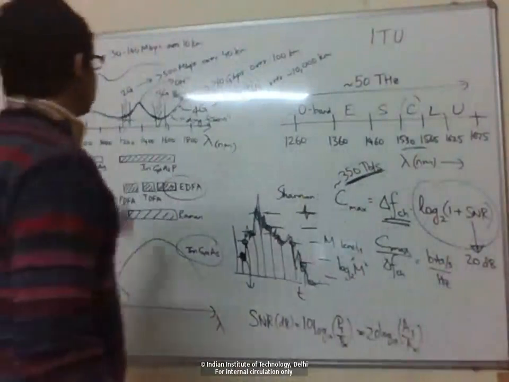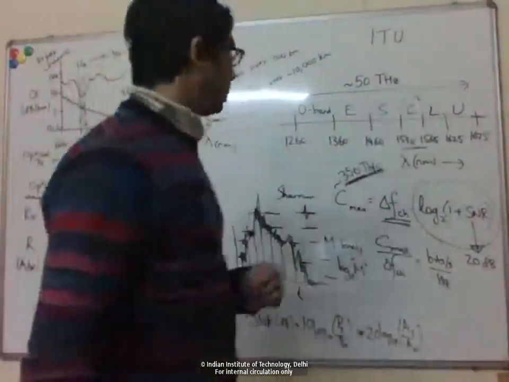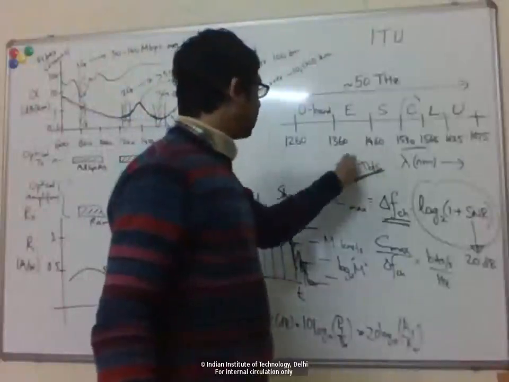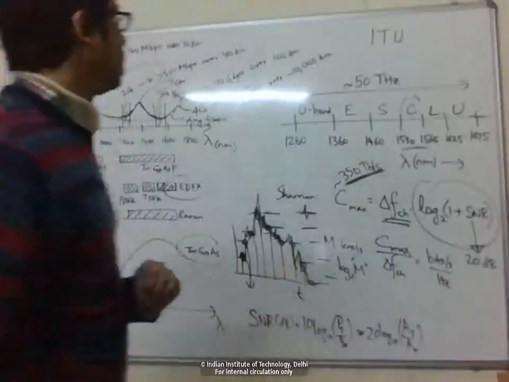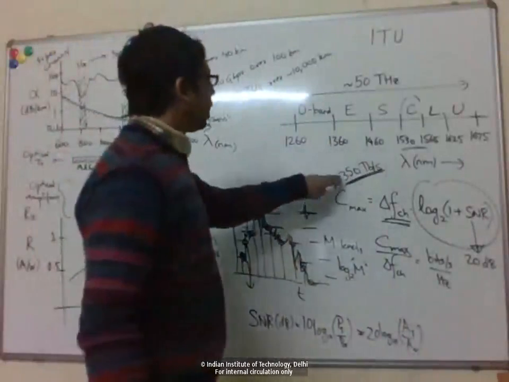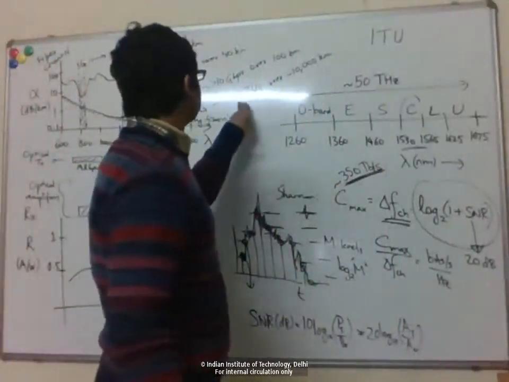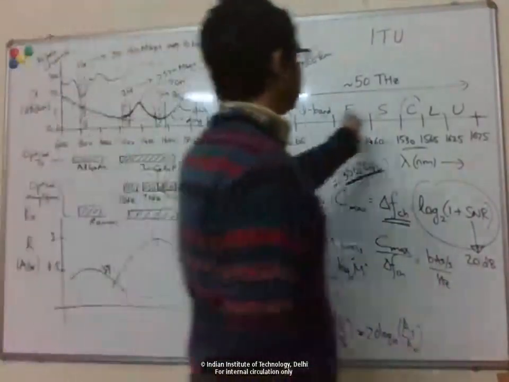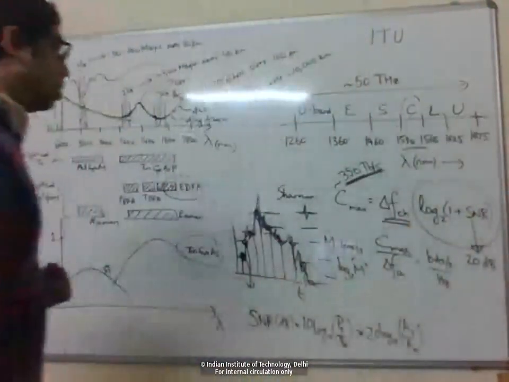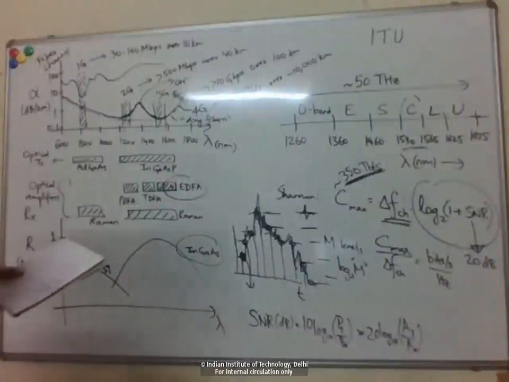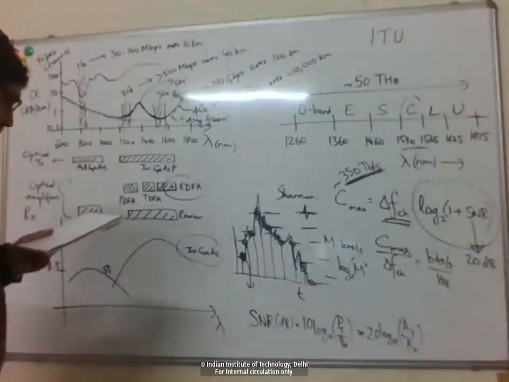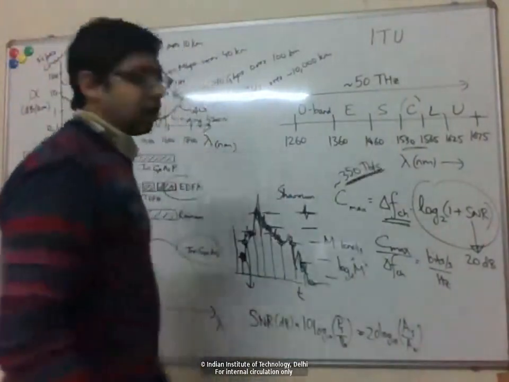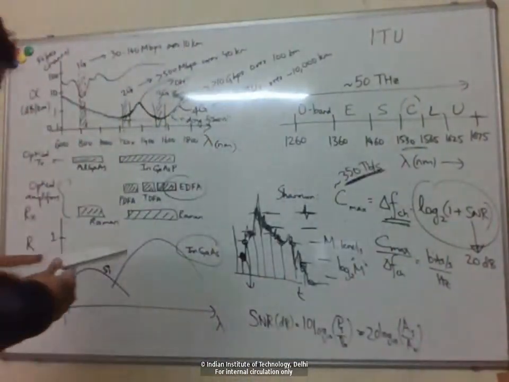If you utilize this entire band efficiently, that is the maximum data rate that you can send through a fiber. Of course, we are maybe an order of magnitude or two lower than that currently, because not the entire band is utilized efficiently. Anyway, these numbers are much bigger than for any other type of communication system.